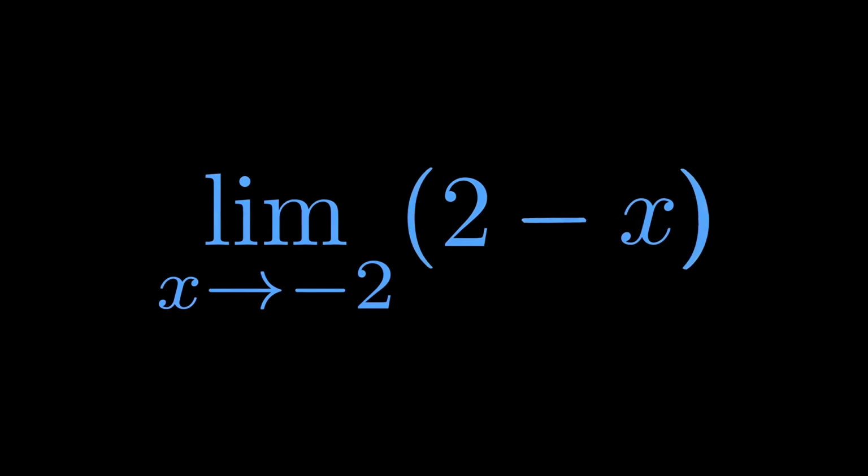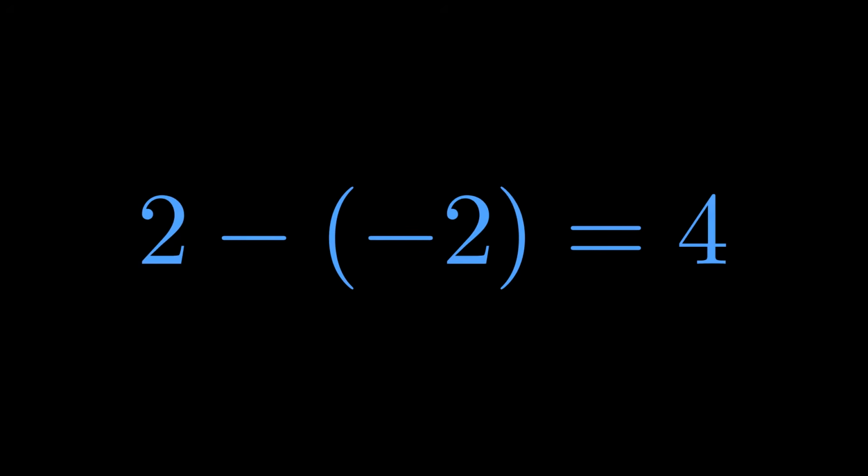The limit is equivalent to the limit of 2 minus x as x approaches -2. Now we can substitute the value. The limit evaluates to 4. This confirms that the hole exists at the coordinate -2, 4, but reinforces that the function never actually reaches this point.